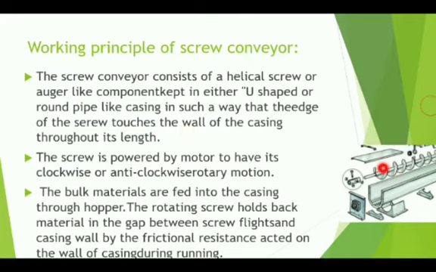So this helical screw is kept inside this U-trough such that it touches this wall of the casing.